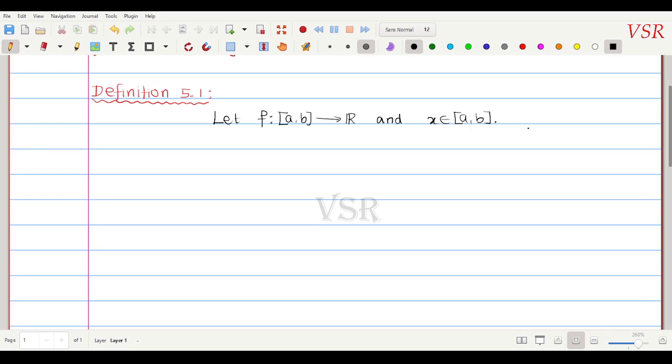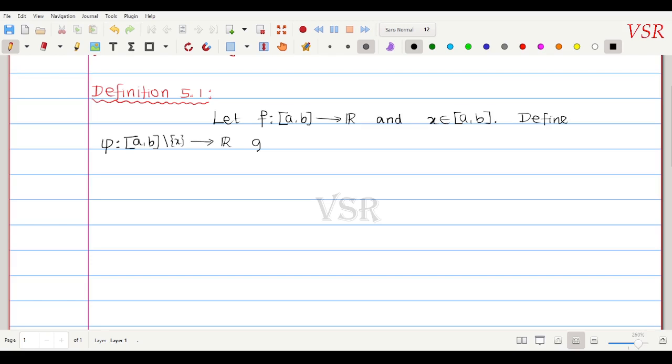Now what are we going to do? Define another function phi. This is a function from the closed interval [a, b] excluding x, that is without x, mapping to R. How do we define it?